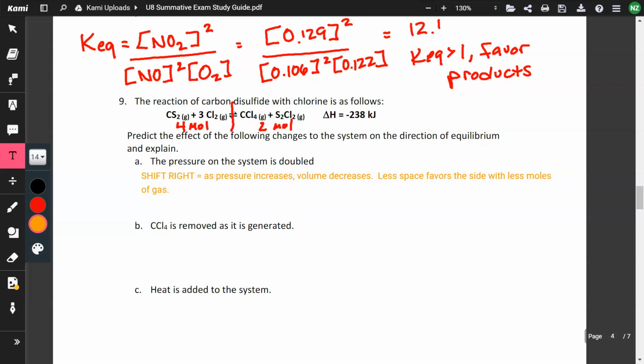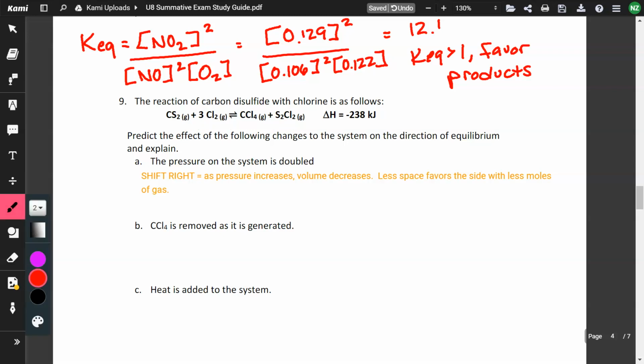CCl4 is removed as it's generated. So that would mean the concentration of this is going to go down. We have a saying, this will help you in many cases. If you add, you're going to shift away. If you subtract, it stays.